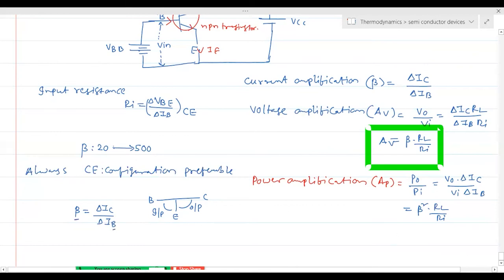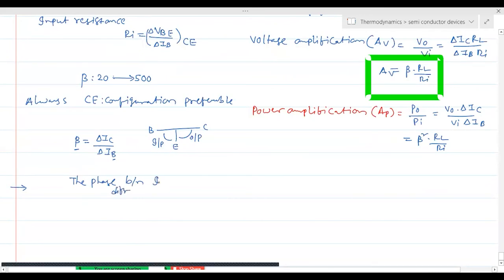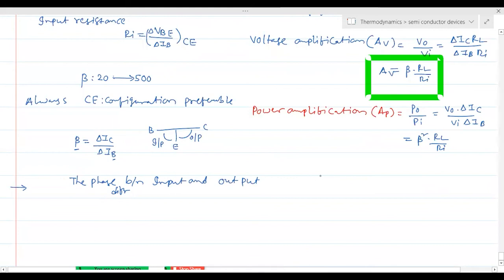And here, the last most important point is the phase difference between input and output. Already we have IE equivalent to IB plus IC.